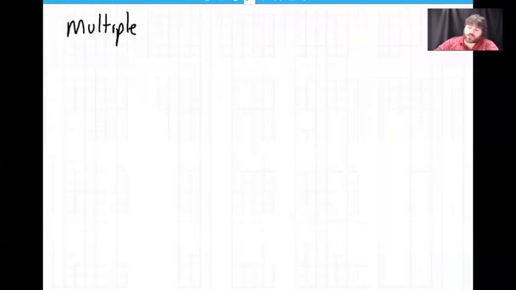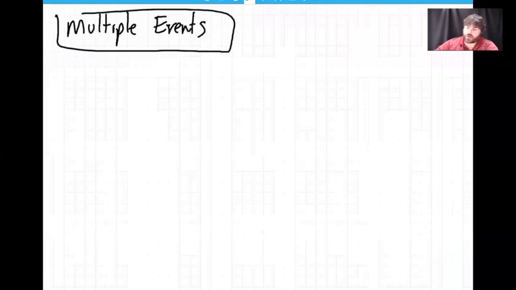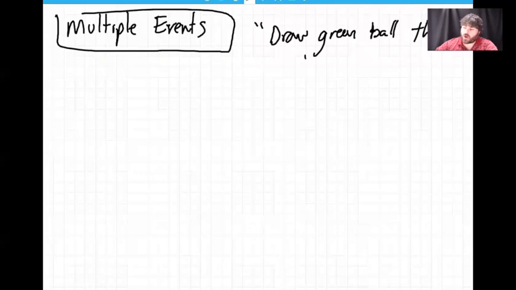Now, oftentimes we deal with multiple events when we're dealing with probability. So an example might be draw a green ball and then draw a blue ball. Okay, draw a green ball and then grab a red ball. That's called multiple events because you're doing 2 grabs. This does not sound like the same thing, but if it says, what are the probability of drawing 2 red balls?